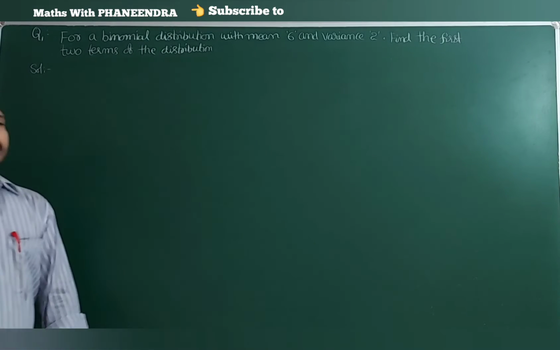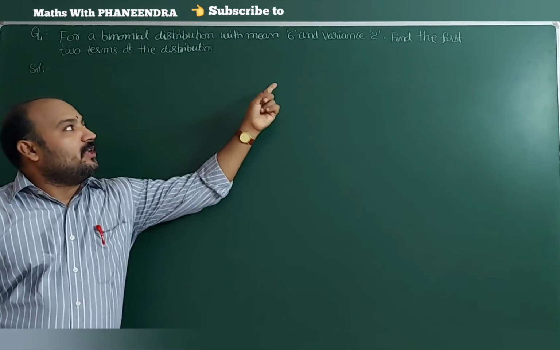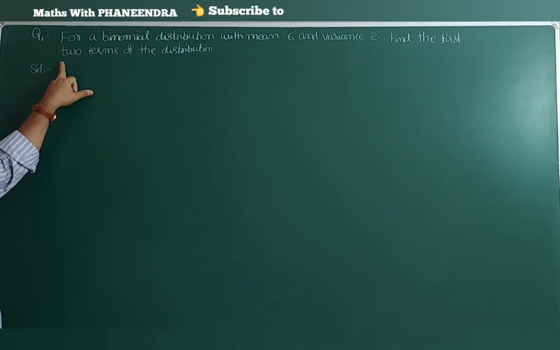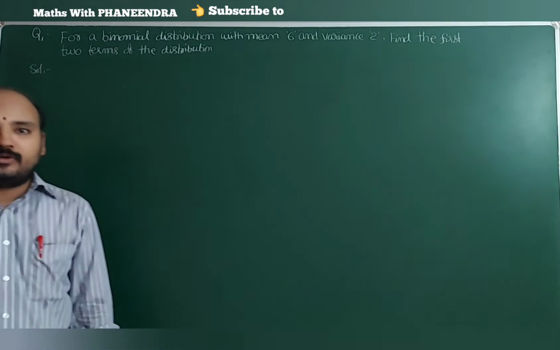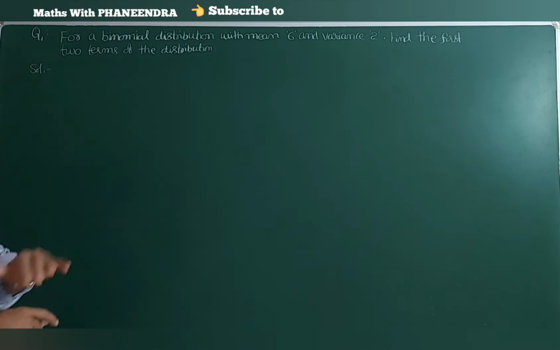First question. For a binomial distribution with mean 6 and variance 2, find the first two terms of the distribution. First, what values are given in the question?